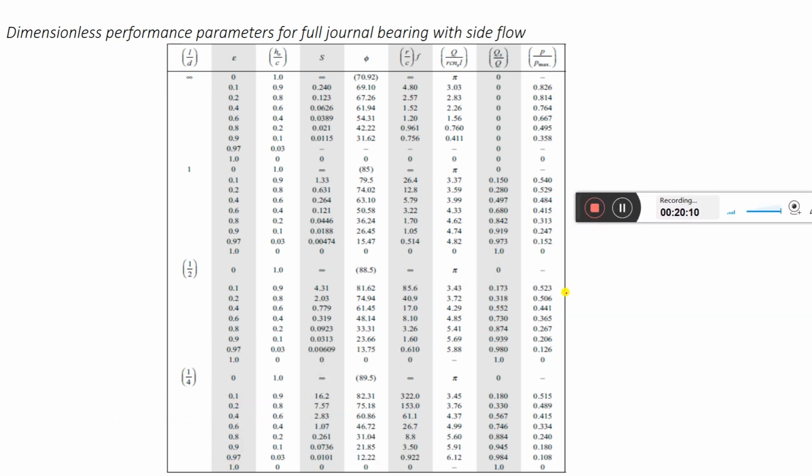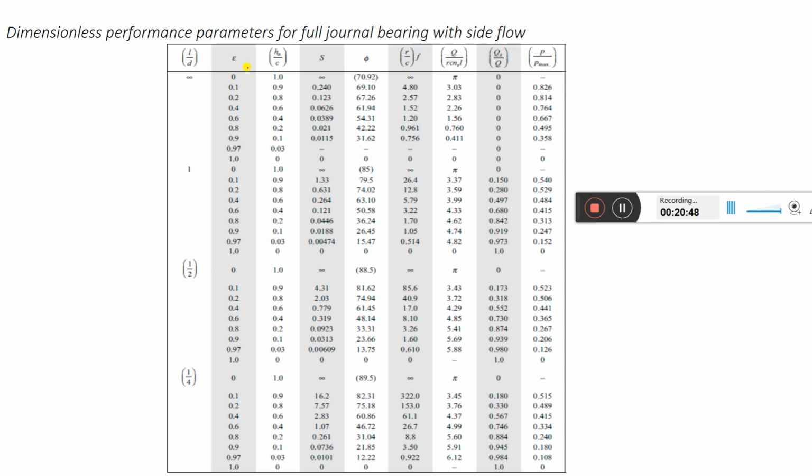So first of all we calculate L by D. If L by D is infinity, we come to know that only the first part we have to use to solve our numerical. If L by D is 1, then we are going to use the second part. If L by D is equal to 1 by 2, the third part. If L by D is equal to 1 by 4, the fourth part we are going to use.